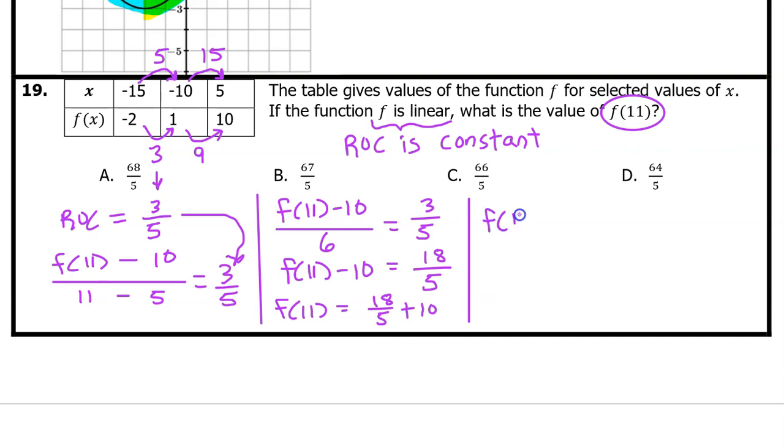So this is going to be f at 11 is equal to 18 over 5 plus 10, which is the same thing as 50 over 5. That's the same thing as 10. Now I have like denominators. So adding these together, this is going to be 68 over 5. So that's why the answer is A.